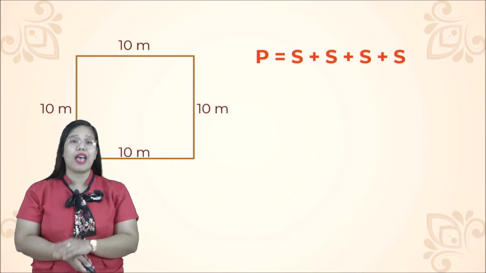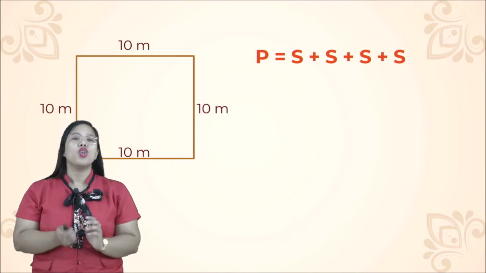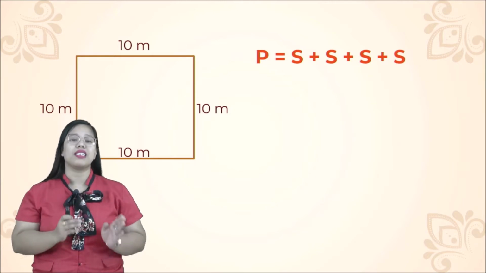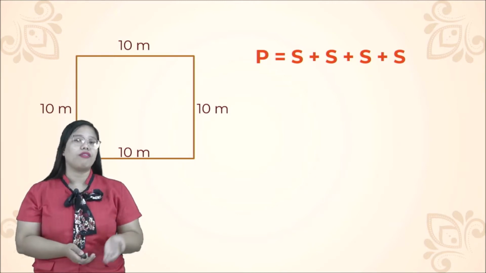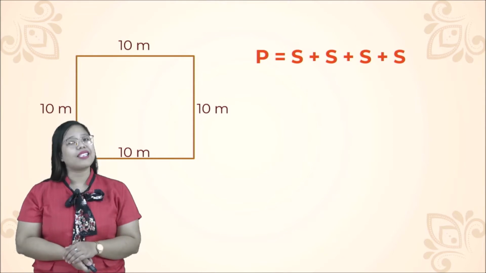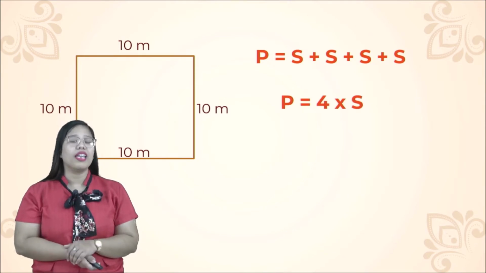A square has 4 sides, so we add all the sides. The formula is P equals S plus S plus S plus S, or perimeter equals 4 times S.